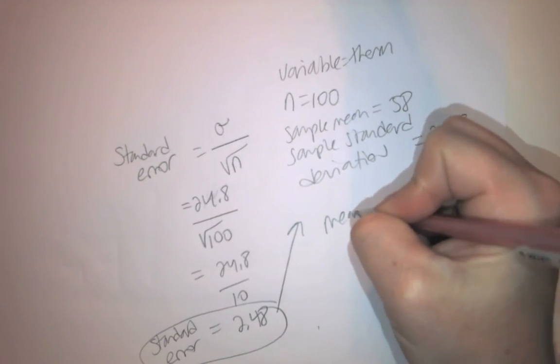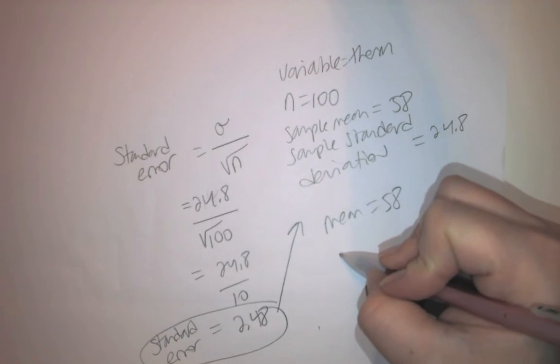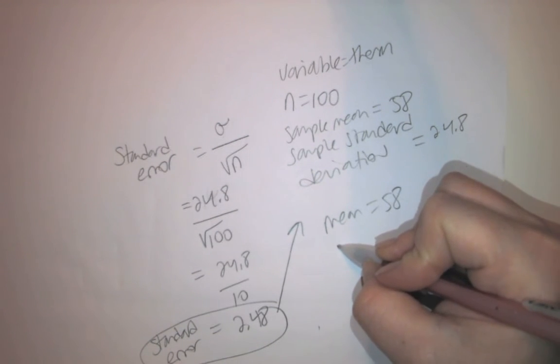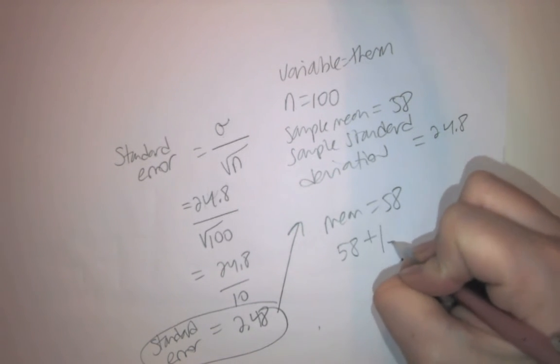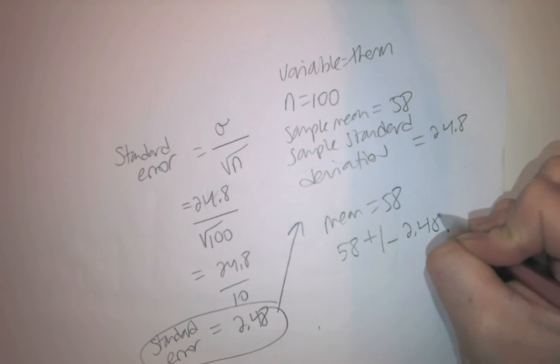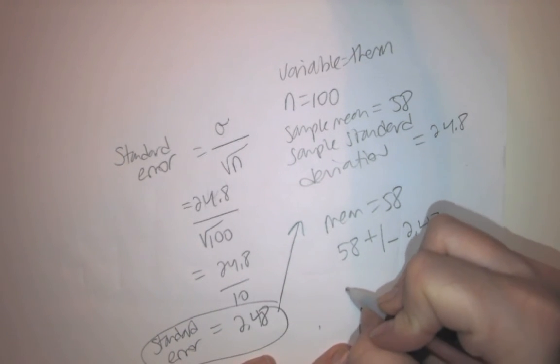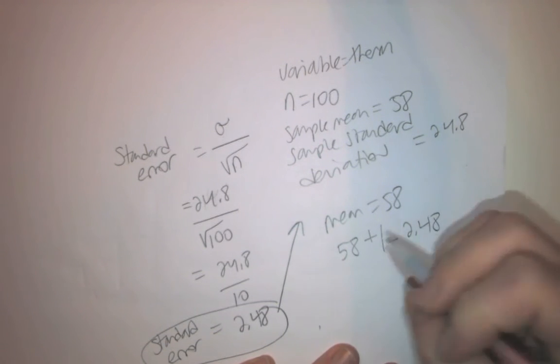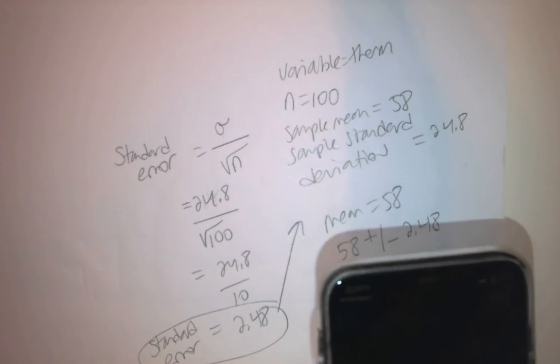So the mean equals 58. I know that the noise, or standard error, is going to be 58 plus or minus 2.48. So when I'm calculating that, it's going to be a range. And yes, I'm going to use my calculator. It is late.